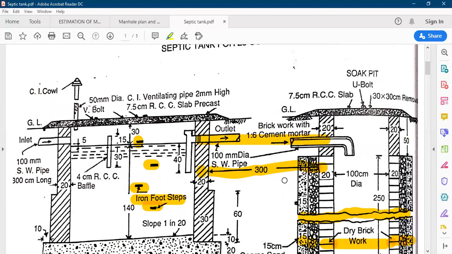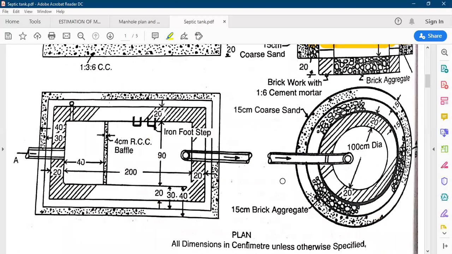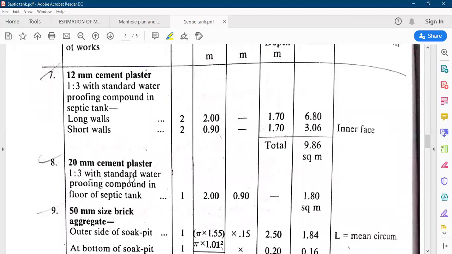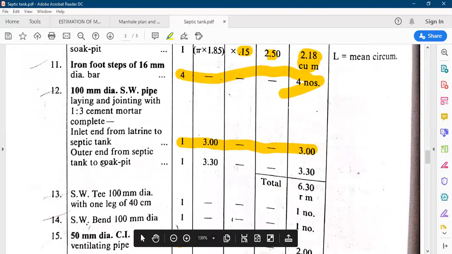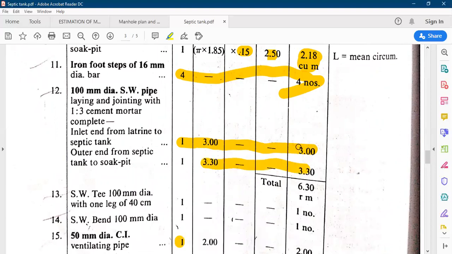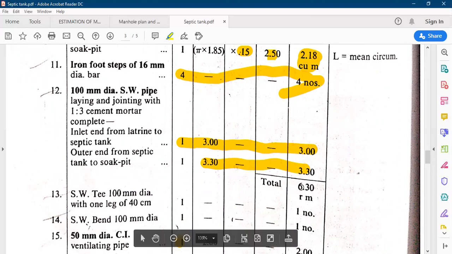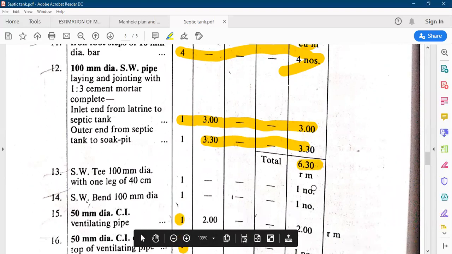That is the other pipe mentioned here. Outer end of the septic tank to the soak pit, 3 meter clear distance plus 15 centimeter of insertion on both sides, is a total of 3.30 meters of pipe in running meter. Including both, 6.3 is the running meter of pipe.